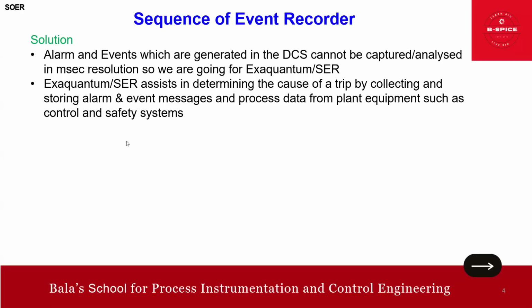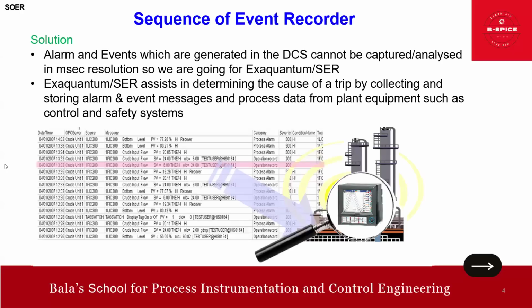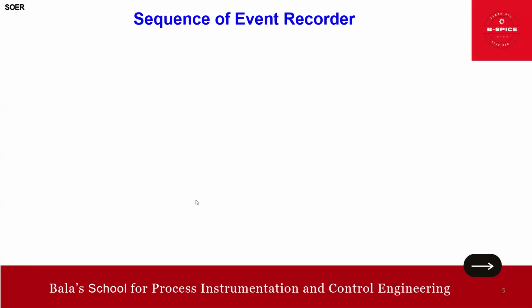You got it, friends? This is how it assists in determining the cause of a trip. As you can see here, this is the alarms and events list. All these can be analyzed using the Quantum server. We are going to dive deep into this in the subsequent slides.